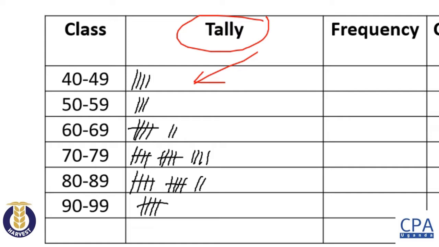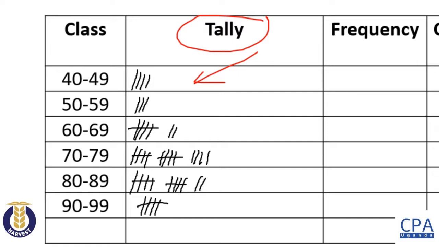Then here we have 14 marks falling in the class limit 70 to 79. Then of course here 12 marks fell in the class limit 80 to 89. And then finally 5 marks fell in the class limit 90 to 99.